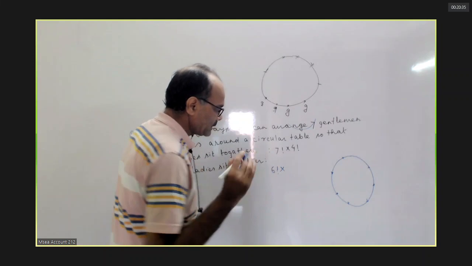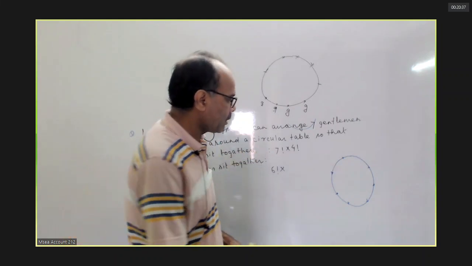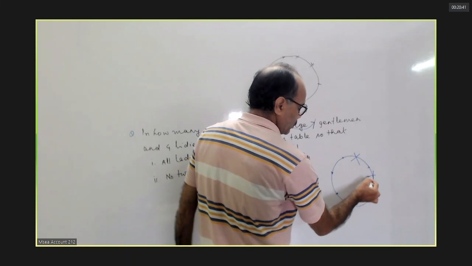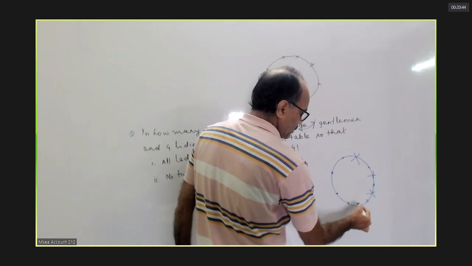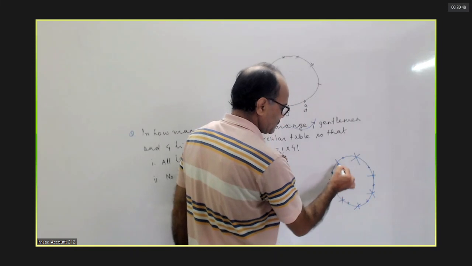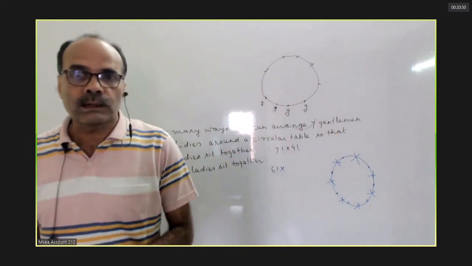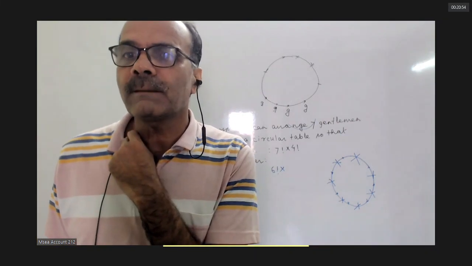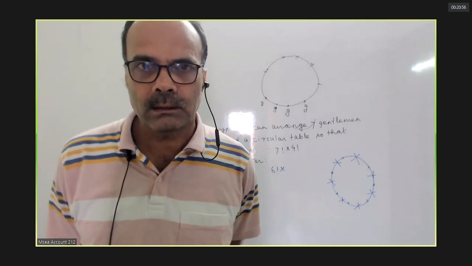Work is not completed. Now for girls, how many places do we have? 1, 2, 3, 4, 5, 6, 7. So 7 places, so that they won't sit together.